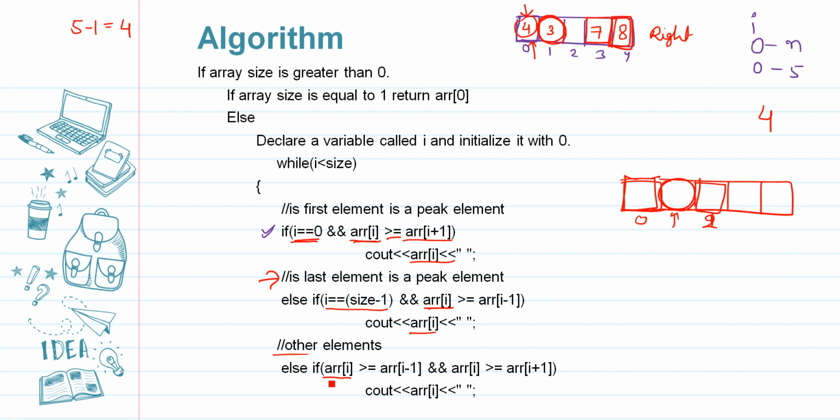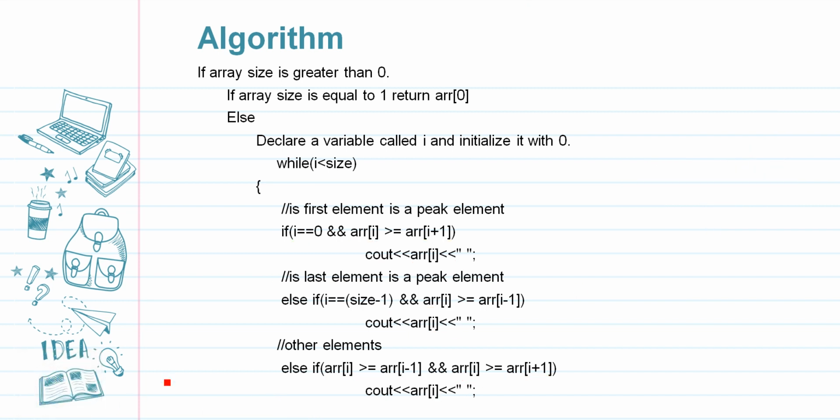So here we have tested if ARR of I is greater than or equal to ARR of I minus 1, which basically means this element, and ARR of I is greater than or equal to its right neighbor. If this is the case, then this is also a peak element. And now at last we will do I plus plus, so that each element will be accessed one by one. After accessing all the elements, it is going to print all the peak elements.